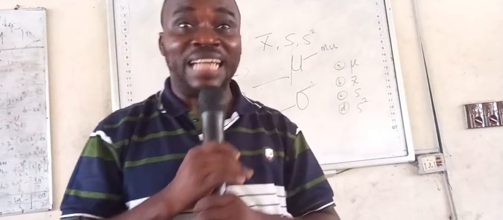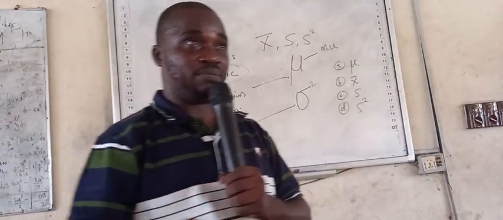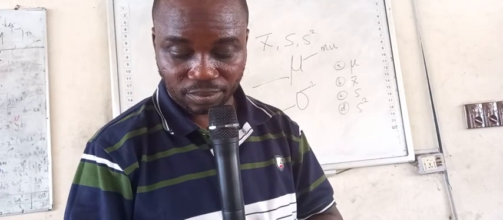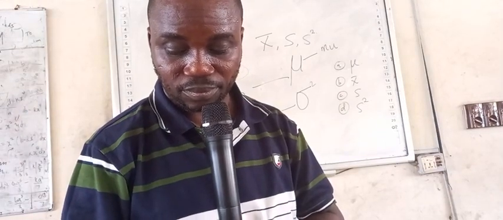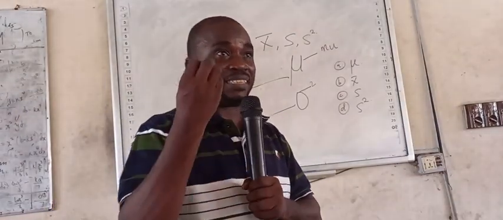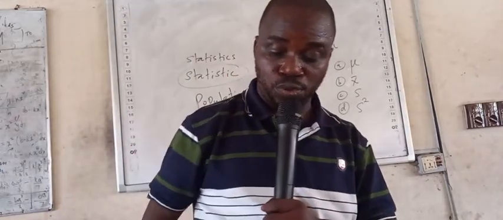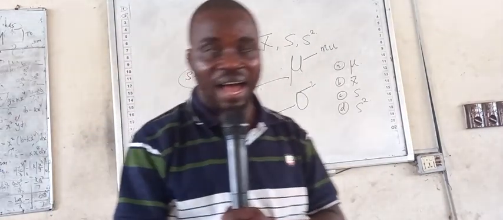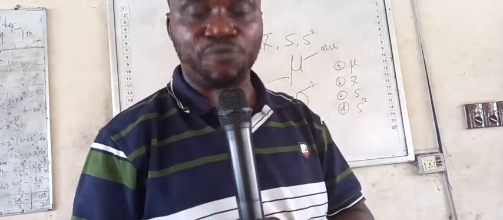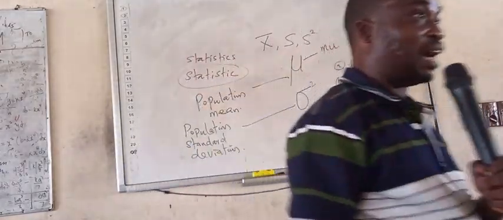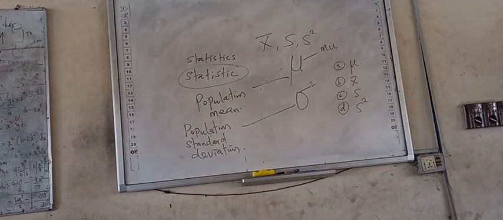Now, let's take question number 2 here. The weights of apples harvested by a farmer are dash data. What type of data is that? Continuous.